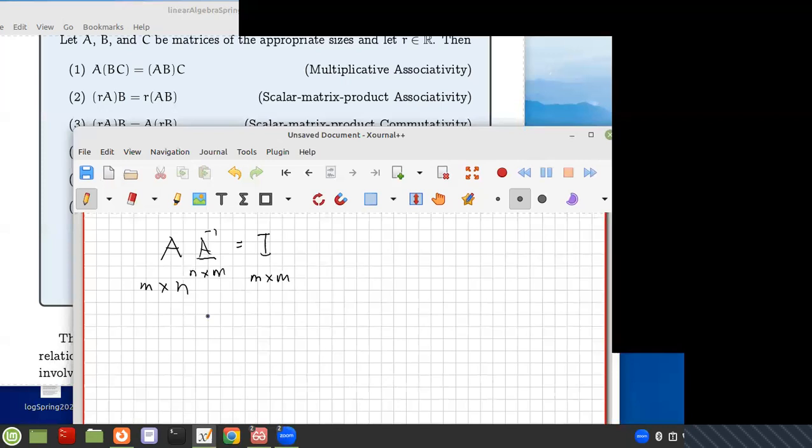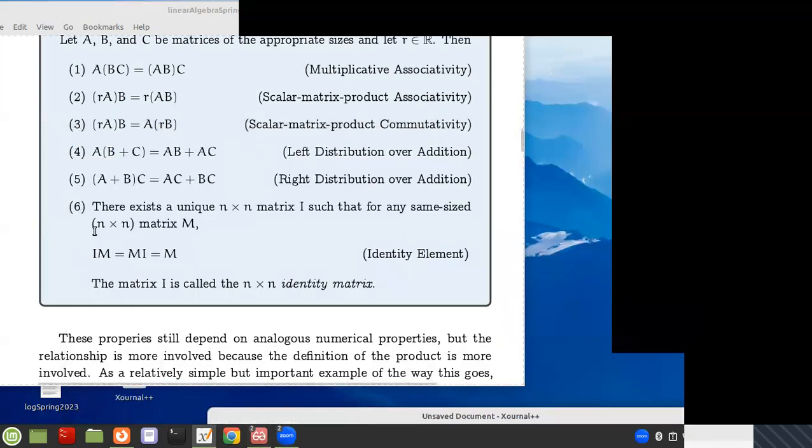We're only going to define this when n equals m, so m by m times m by n equals m. We're only going to do it for what are called square matrices. That's why the restriction is to the identity matrix that's n by n.